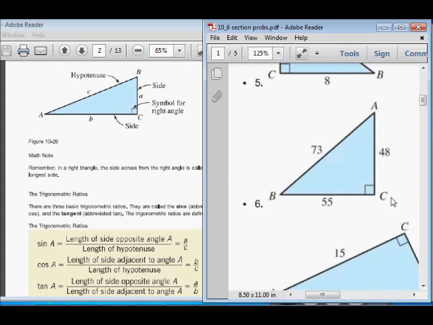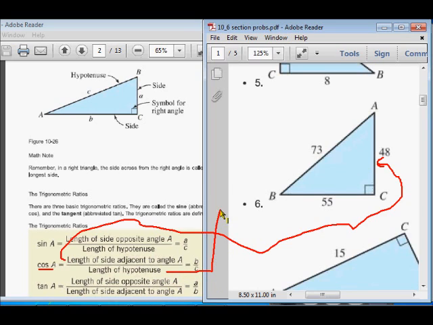And let's try this again. We're going for the cosine of A. And the length of the side adjacent to angle A. Here's the side adjacent to angle A. The hypotenuse is going to be in the denominator.